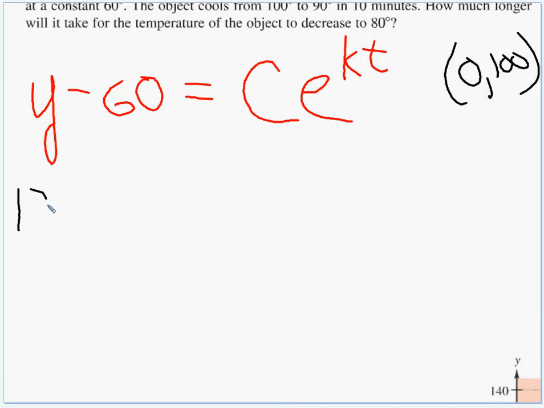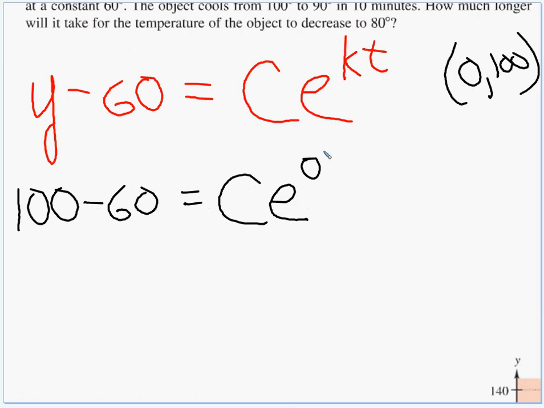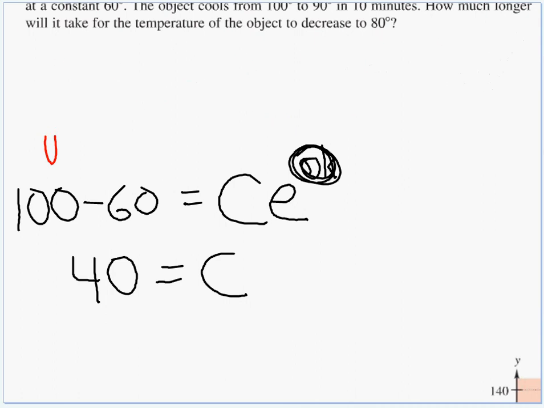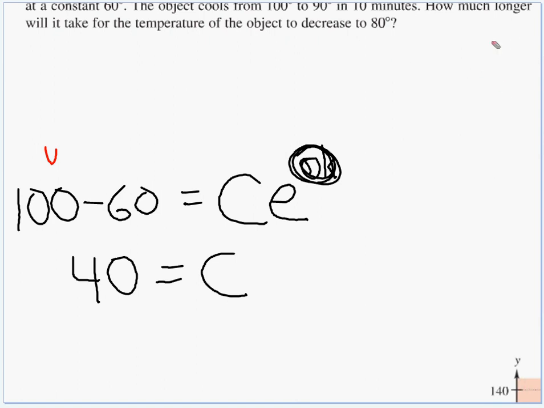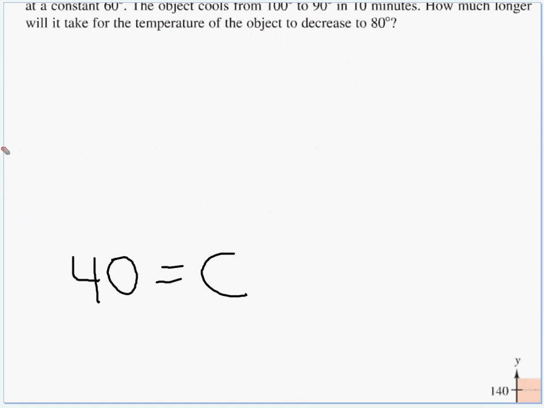Y becomes 100. 100 minus 60 equals c e to the 0k. 0 times anything is 0. E to the 0 is 1. So c is 100 minus 60, which is 40. So we've got c is equal to 40.